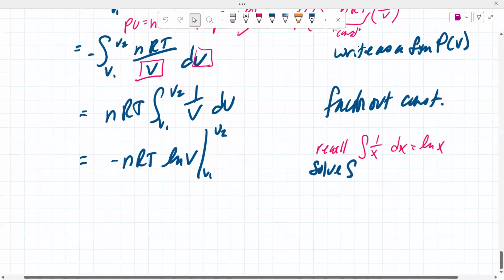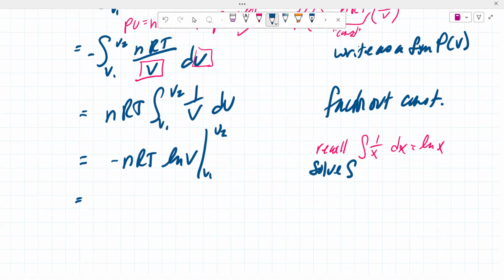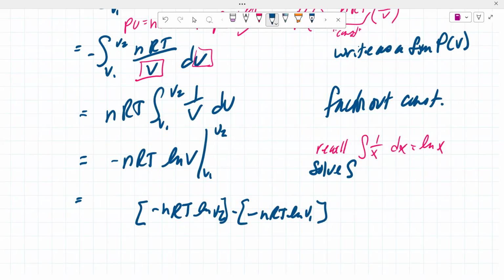Okay, and now we're going to substitute in the values. So that equals negative nRT ln v2 minus negative nRT ln v1. In other words, this is the upper minus lower.